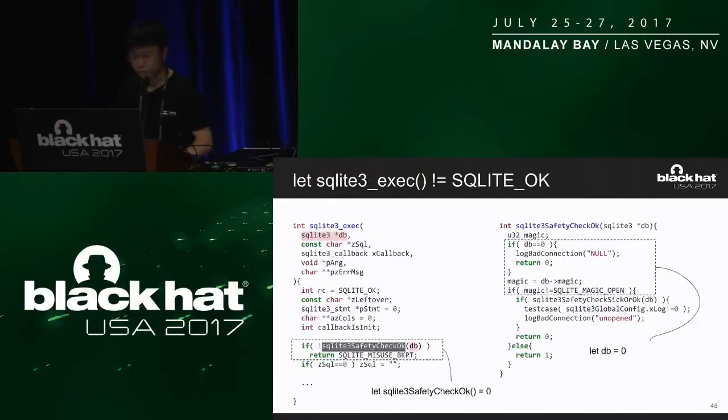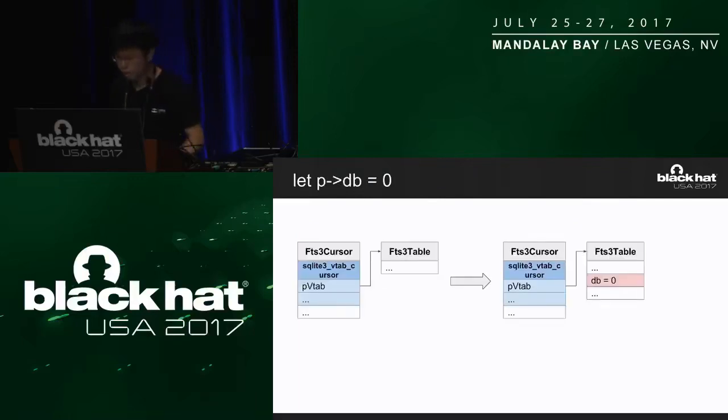By looking at the code of SQLite3 exec, we can see that if db equals 0, the function on the right side, SQLite3 safety check OK, will return 0, and then SQLite3 exec will return SQLite misuse bkpt. It's not SQLite OK, so our goal is achieved. In this diagram, we are showing the construction procedure for structures. We set db in FTS3 table to 0 in this step.